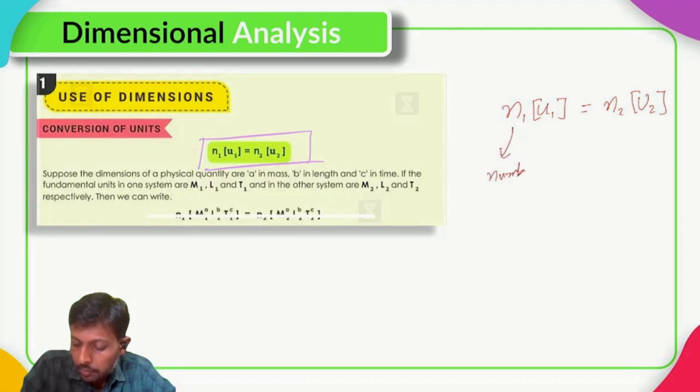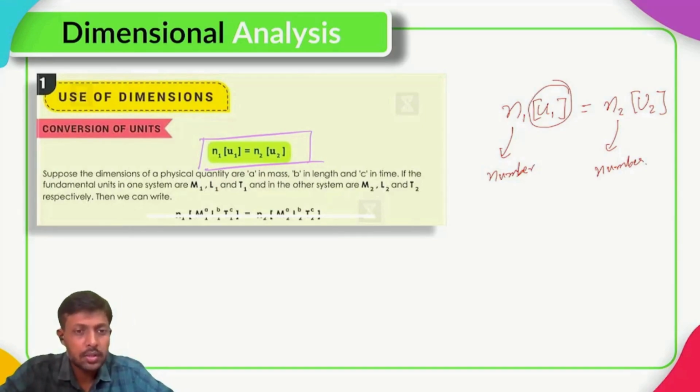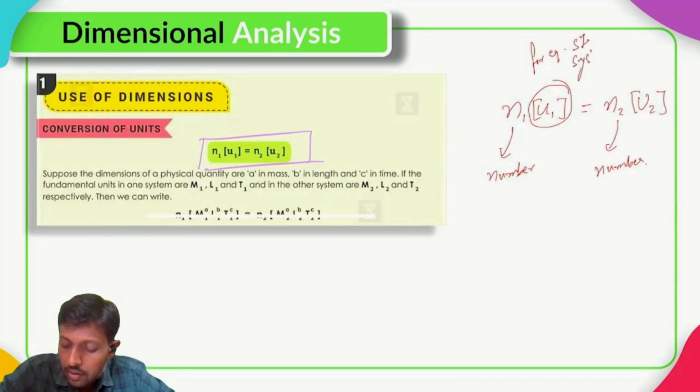This is a number. This is also a number. And U1 is the first system of units. For example, it can be SI system, and U2 is another system of unit. It can be a CGS system.